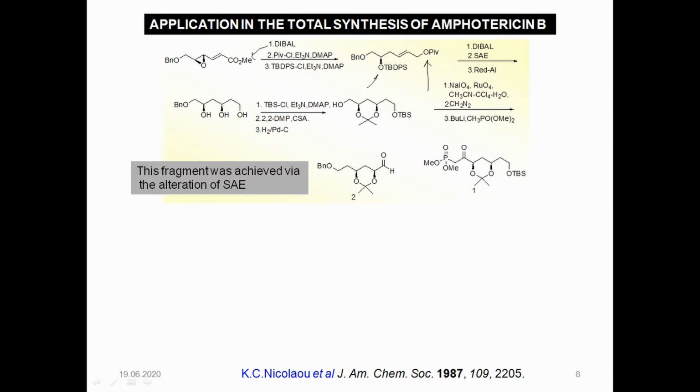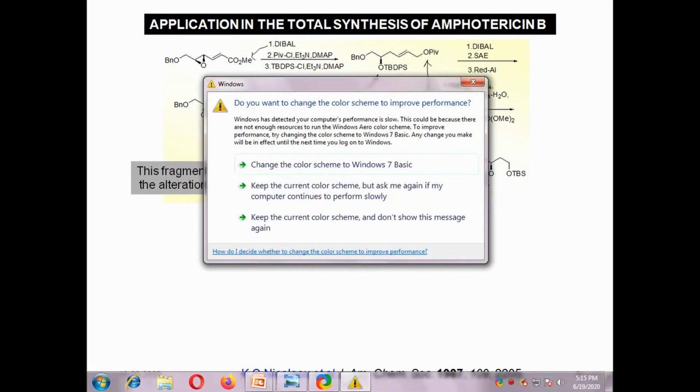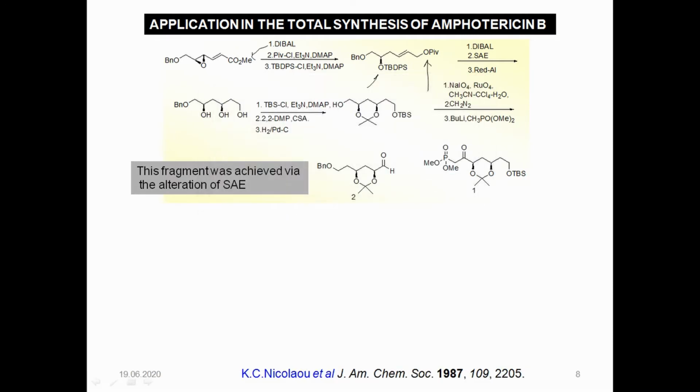Then you treat this compound with DIBAL to get the alcohol. Then you subject it to Sharpless asymmetric epoxidation, followed by Red-Al opening, and you get the 1,3-diol. You are doing functional group manipulations to get these two fragments, which are used in the synthesis.